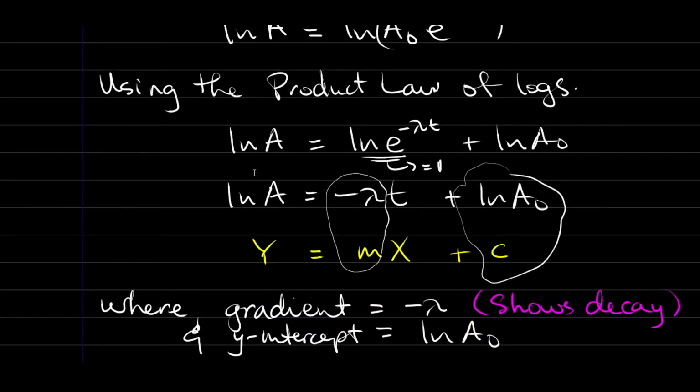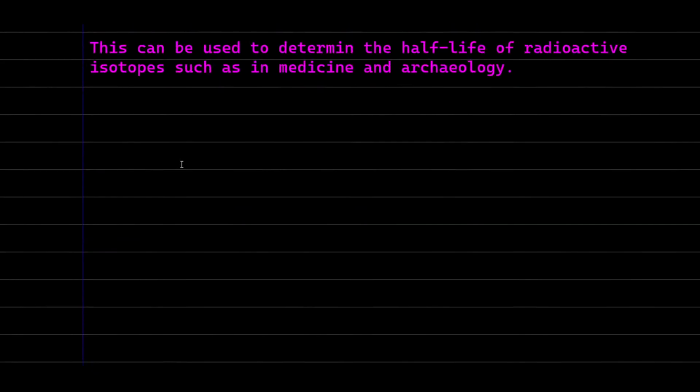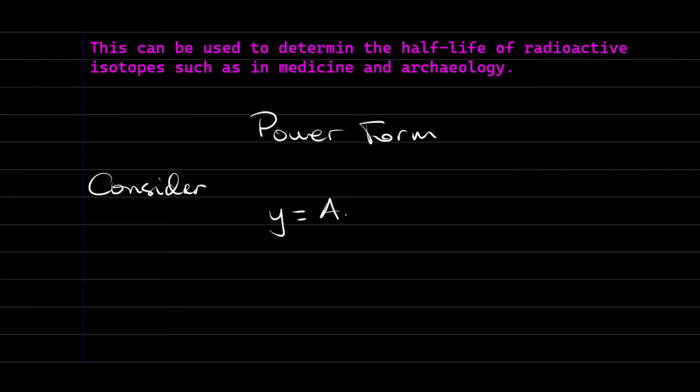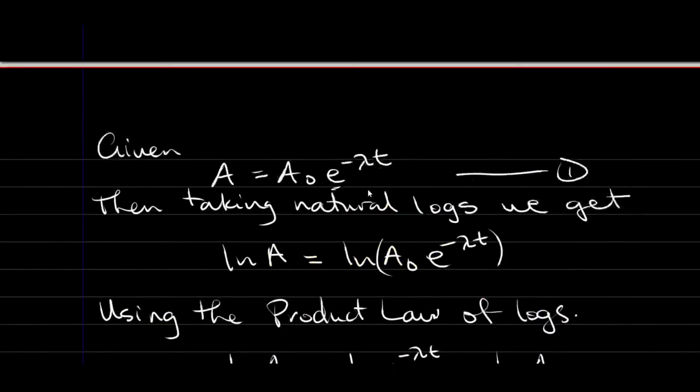Let's go on to the next form that you'll experience, which is the power form. So I'm just going to write here: power form. So we consider y equal to a x to the power of n. Now, this here is definitely something I don't need to do again, because quite frankly, you saw that already up here.